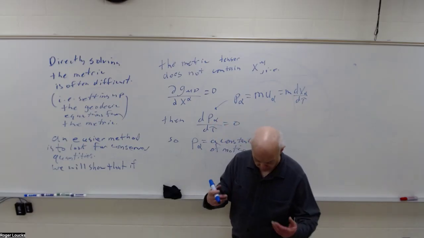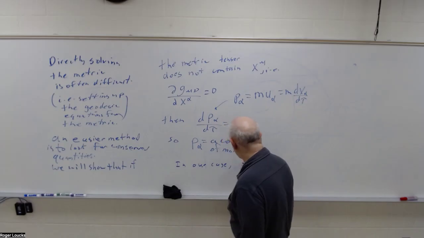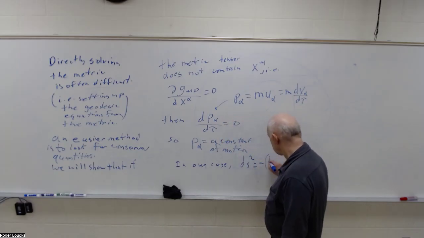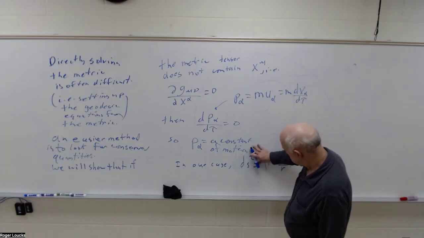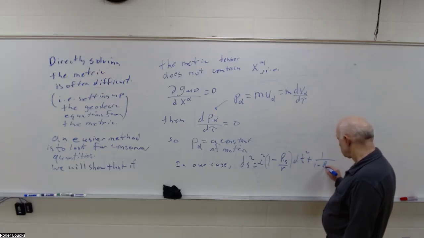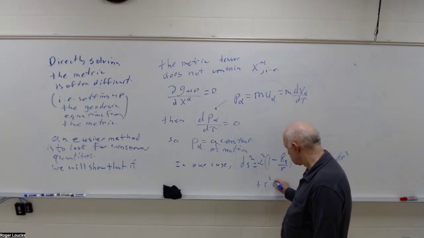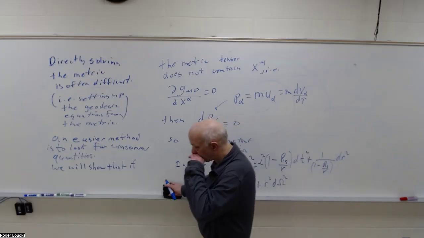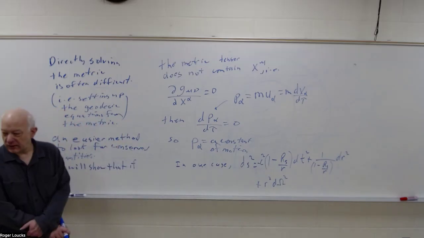Oh, we have to set up something first. So in our case, we had this metric. Okay, so our G mu nu is independent of what in this case?